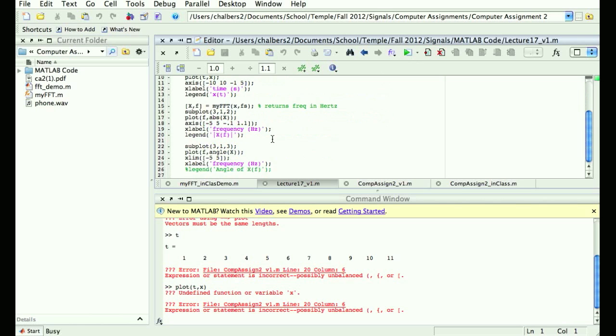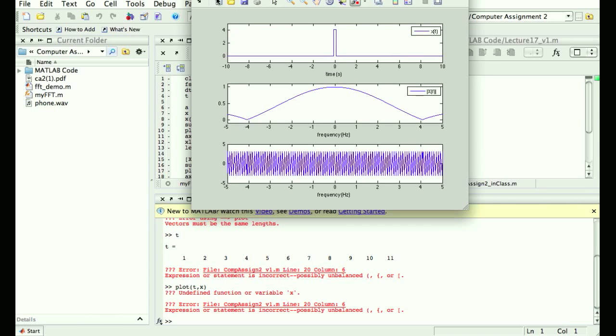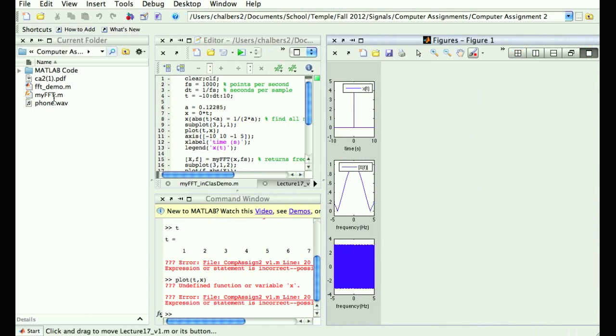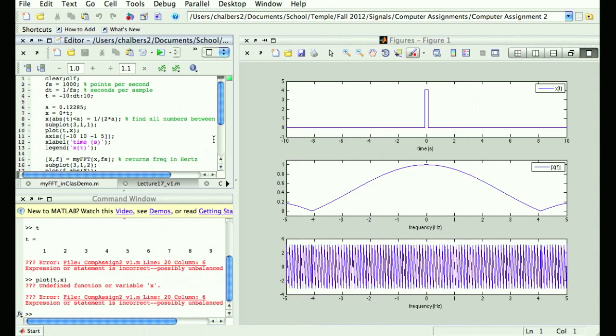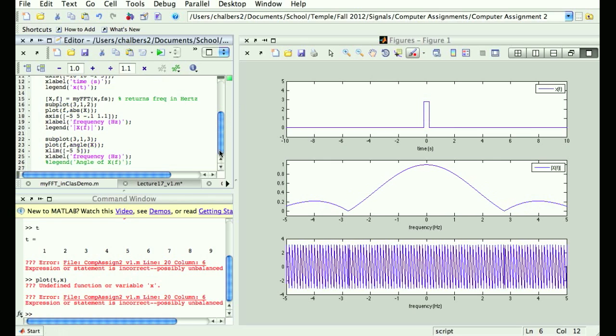Okay, so what's going on with my phase plot? We understand the magnitude plot made sense. But then we looked at the phase plot, and the phase plot was a headache, and nobody really understood what was going on with it because it was all gibberishy. So let me zoom in a little bit on the phase plot. xlim minus 1 to 1.